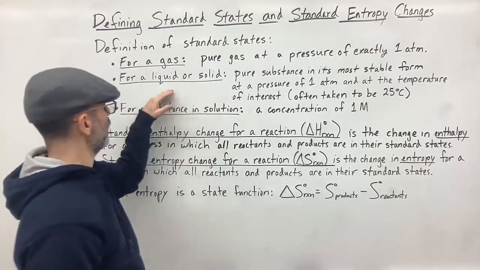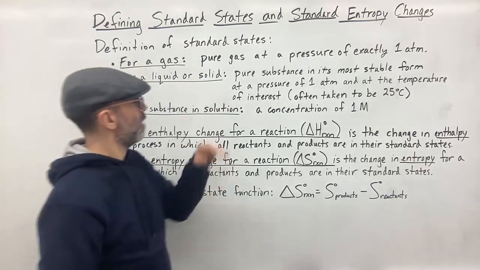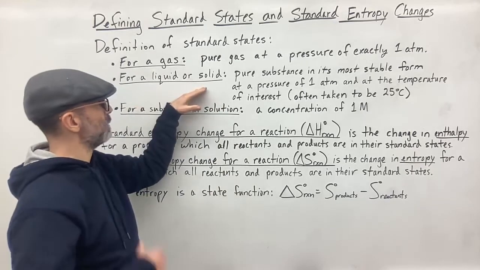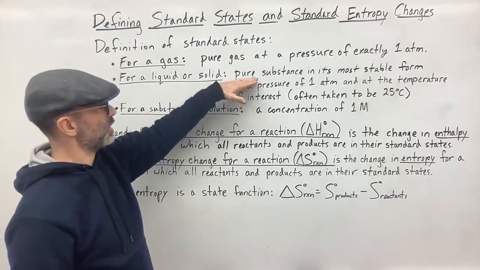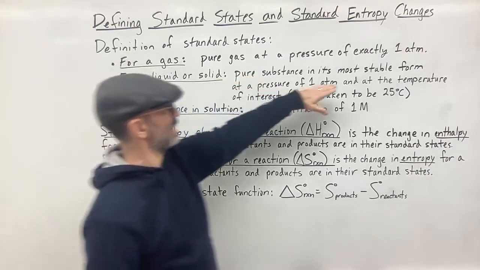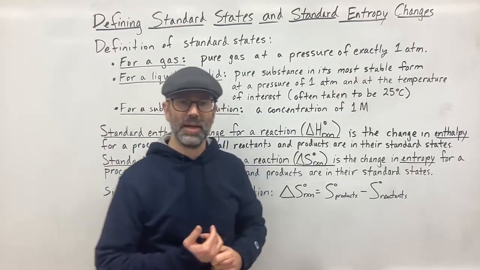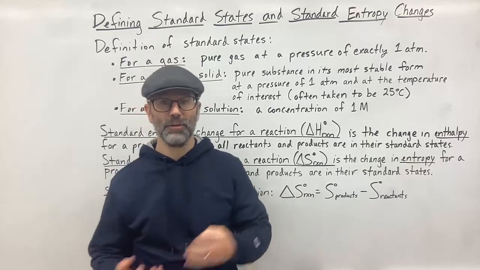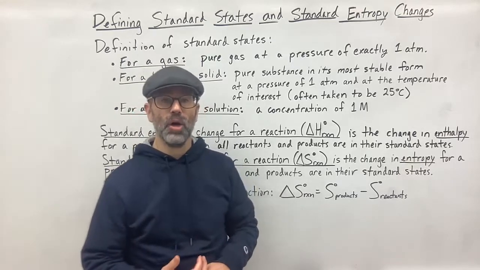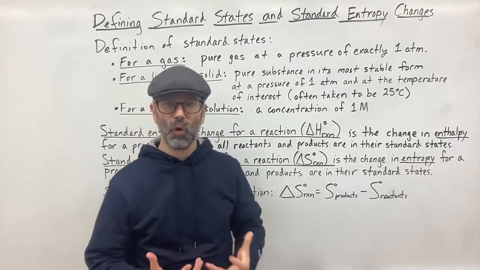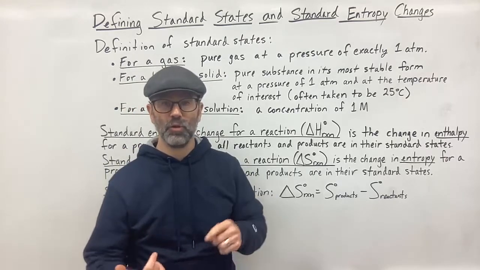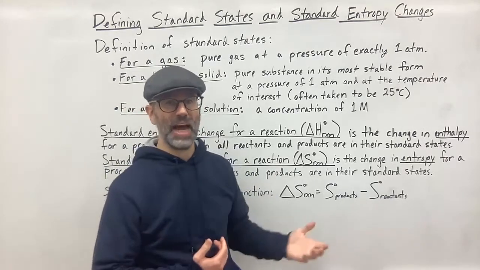For a liquid or a solid, for that liquid or solid to be in the standard state, it has to be the pure substance in its most stable form. So, for example, you have diamond and you have graphite for carbon, right? The most stable form of carbon is going to be the graphite form, not the diamond form.